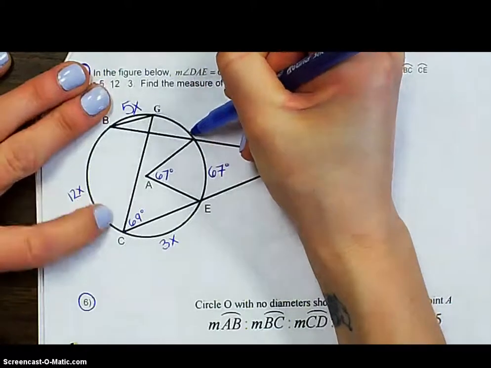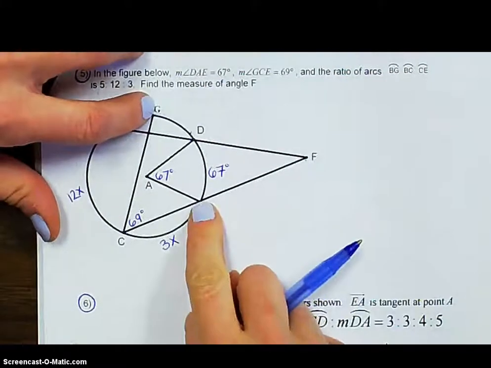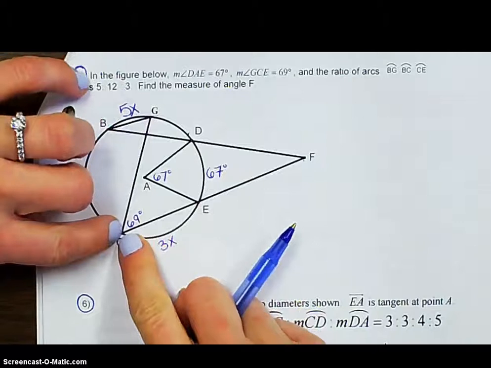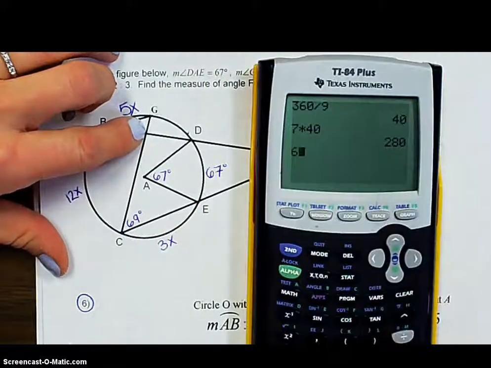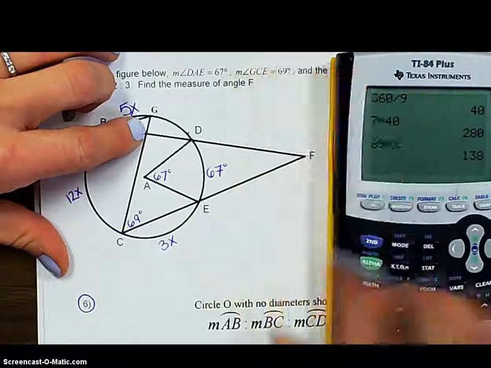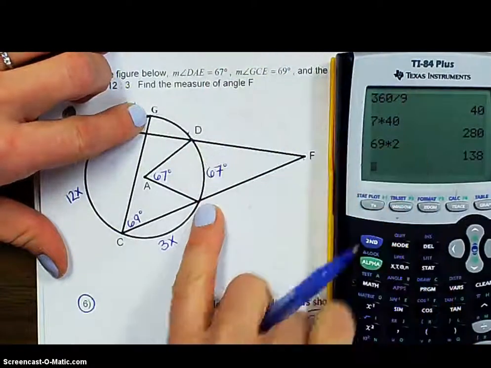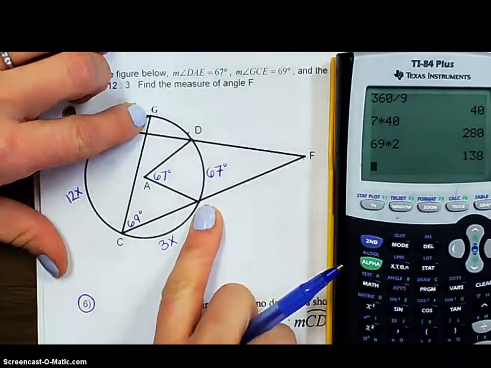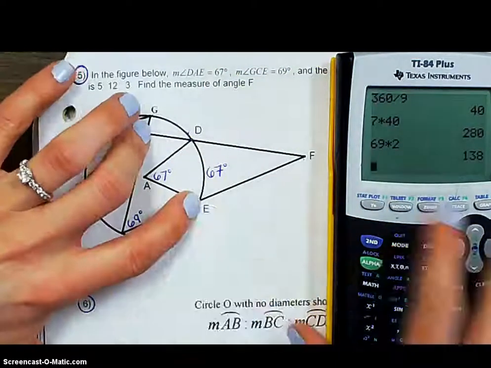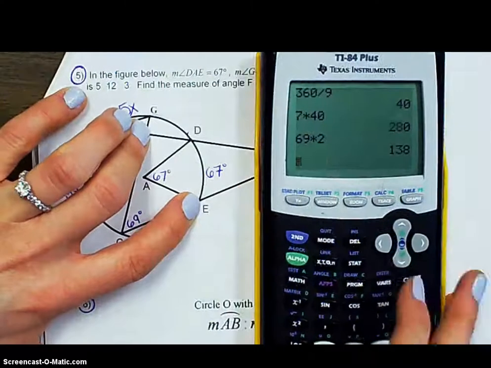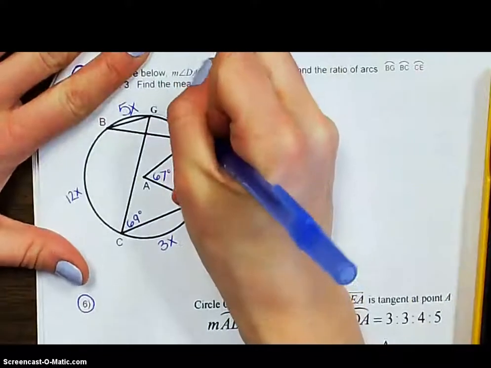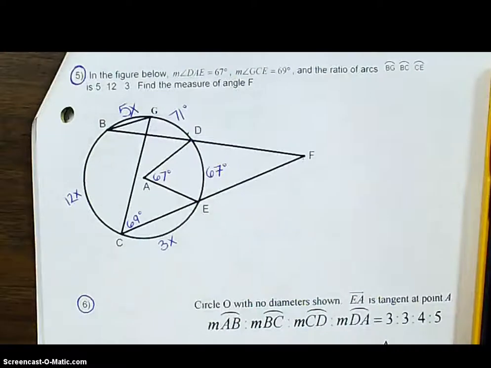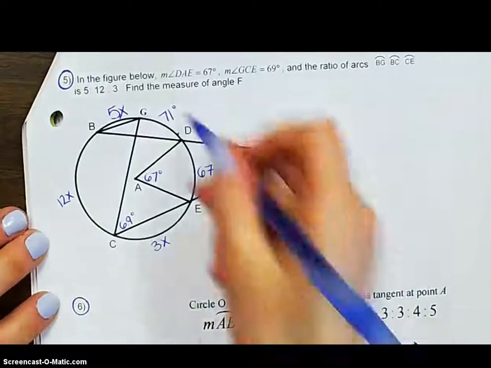But that's okay, I can find that because if I look from G to E, that goes with this 69-degree angle, which is an inscribed angle. So I know that 69 times 2, this entire arc from G to E is going to be 138 degrees, but I already used 67 for DE, so I'm going to subtract off 67, and this arc here is going to be 71 degrees. Okay, so now I have the whole circle.